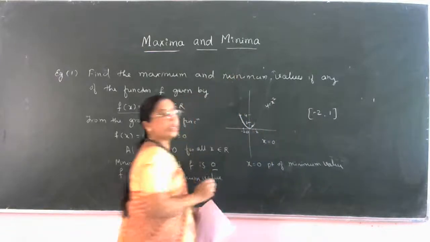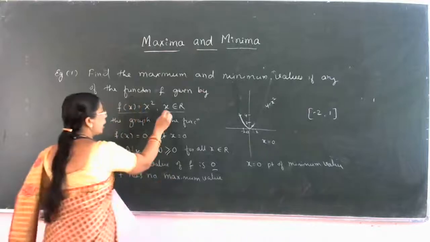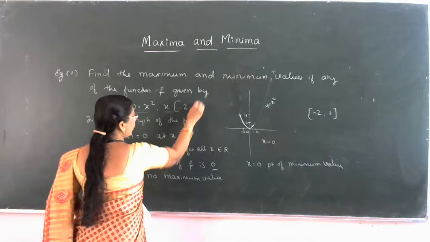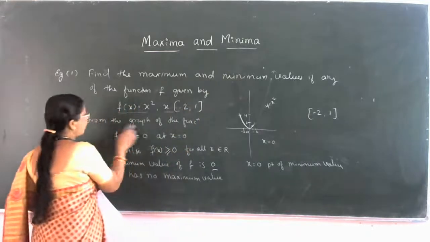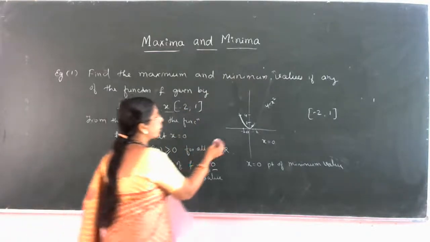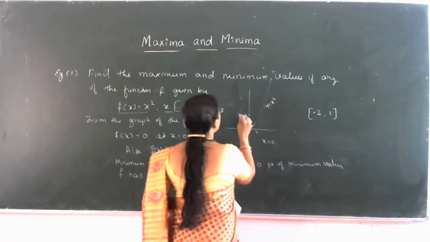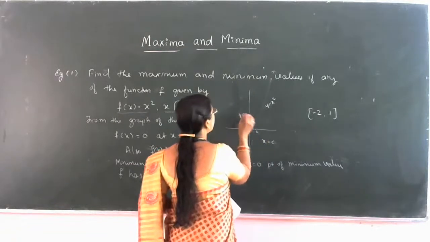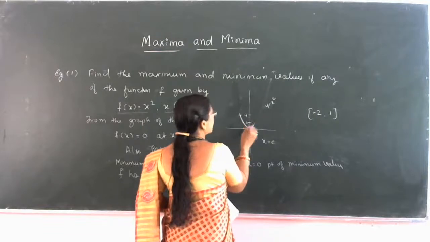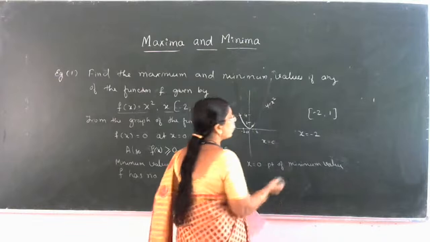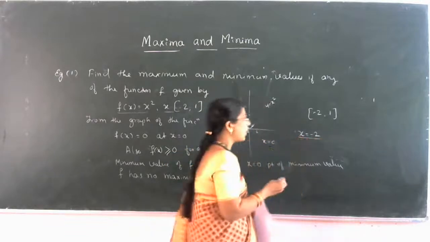If we restrict the domain, x belongs to -2 to 1, then from the graph of the function, at x equal to 0 is the minimum, and the maximum is at x equal to -2. At x equal to -2 is the point of maximum.